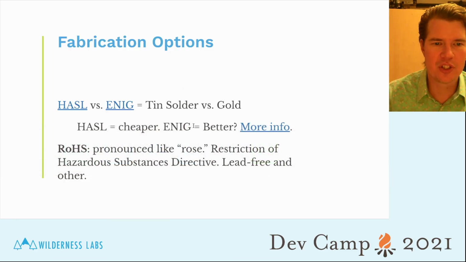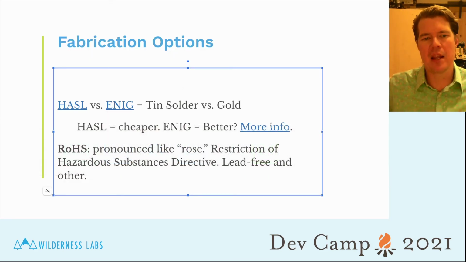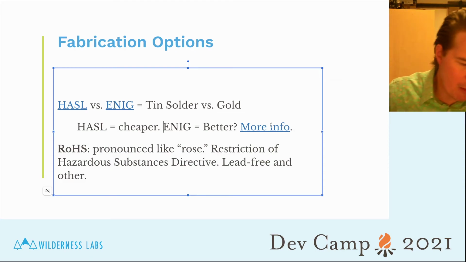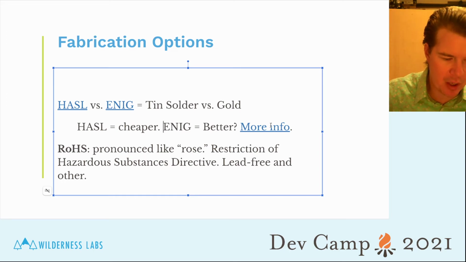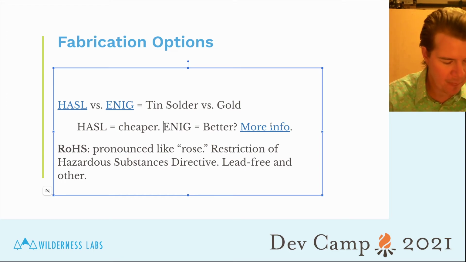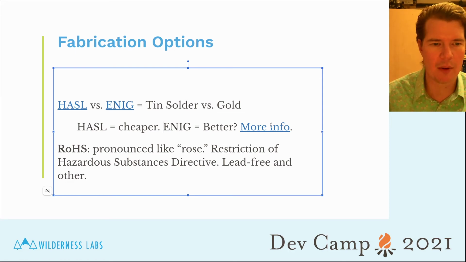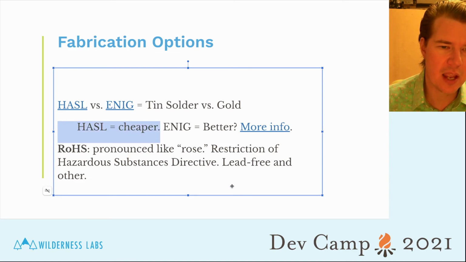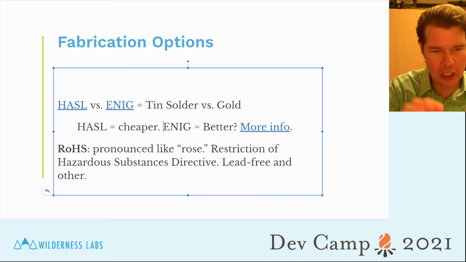We choose ENIG almost every time, and ENIG is arguably a better surface finish. For some components, like very fine pitch components, you actually need ENIG. You can use HASL, but it causes more problems. But HASL is also a lot cheaper.